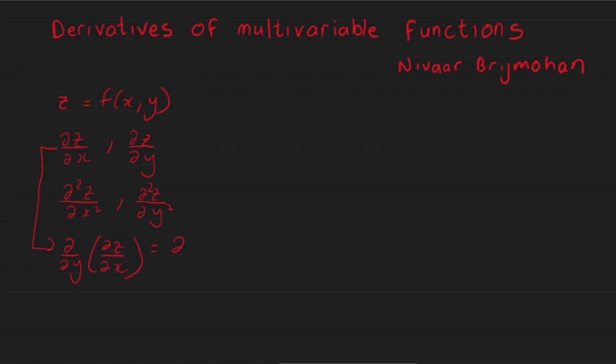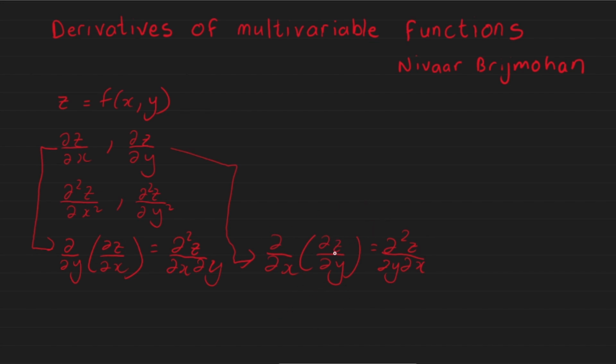So what this looks like is the second derivative of z that was initially taken with respect to x and then taken with respect to y. And the same would be done with respect to x. So we would find the derivative with respect to x of ∂z/∂y. And this would be the second derivative of z, initially taken with y and taken with x now.